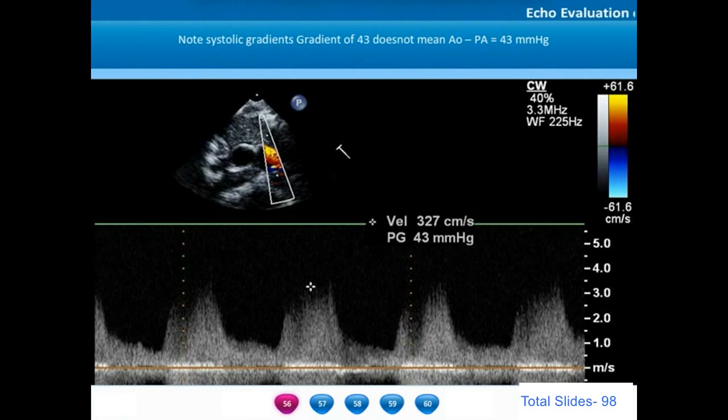So we should not try to underestimate the pulmonary artery systolic pressures in this patient by just subtracting the peak systolic ductal gradient from the aortic systolic pressure.